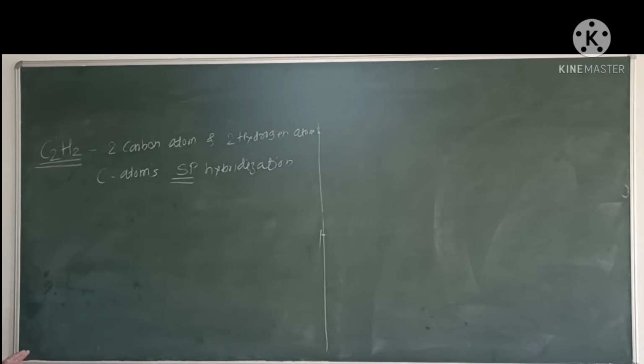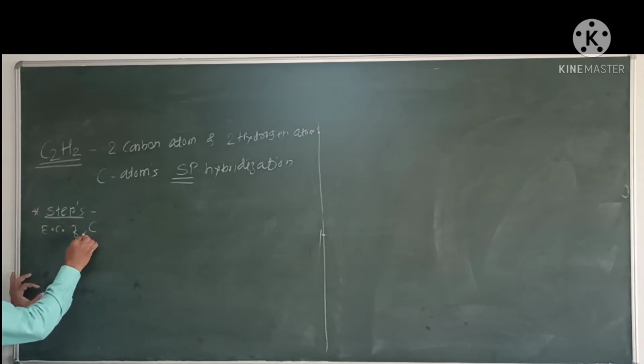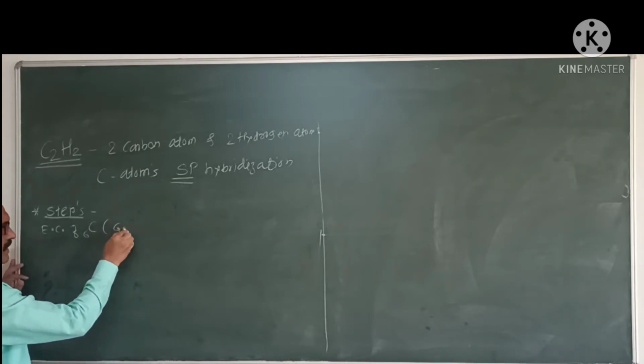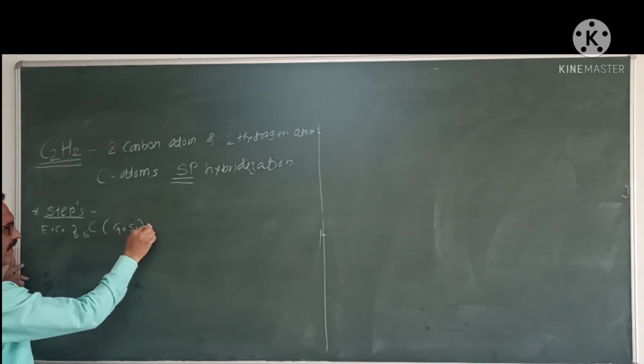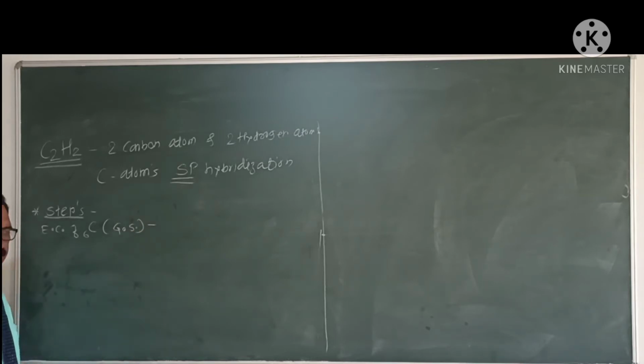Okay. Then the steps involved in the process of formation. Naturally, the first step is the electronic configuration of carbon having atomic number 6. Initially, the ground state electronic configuration.